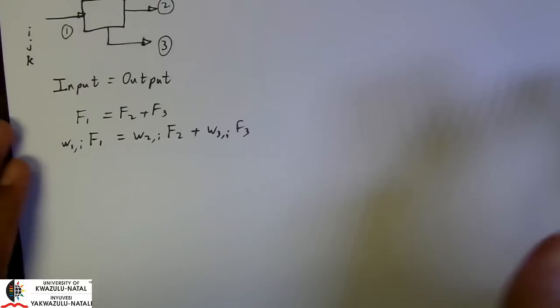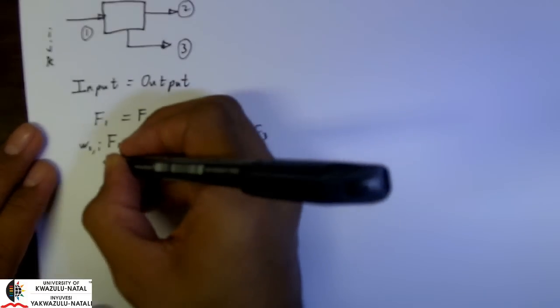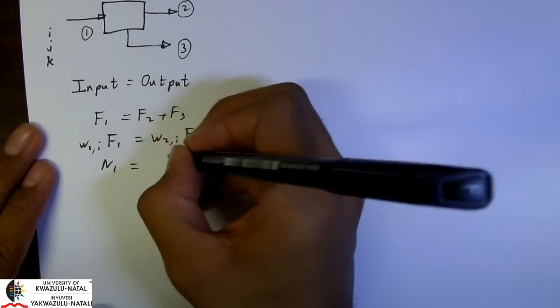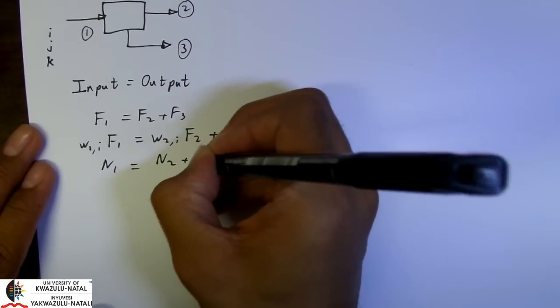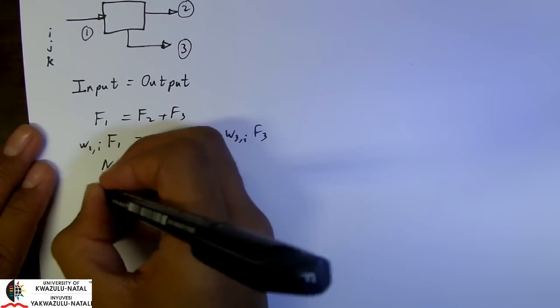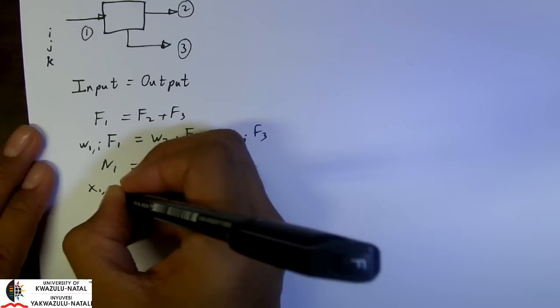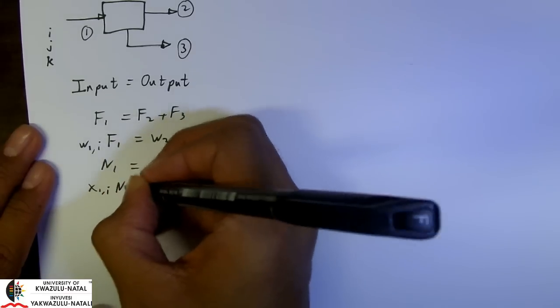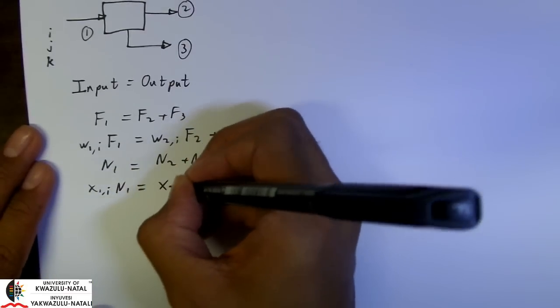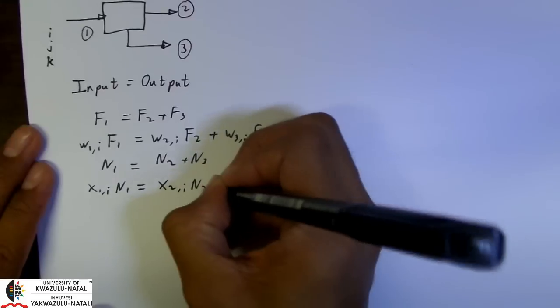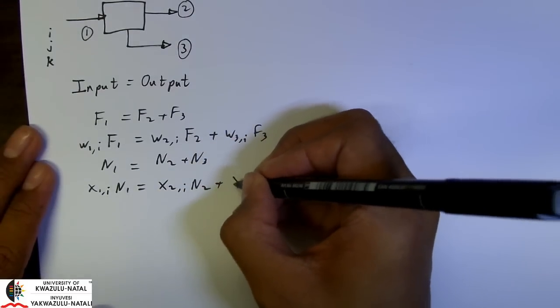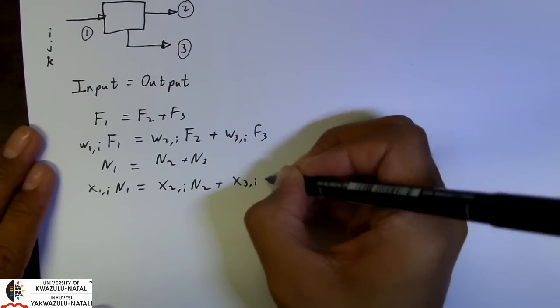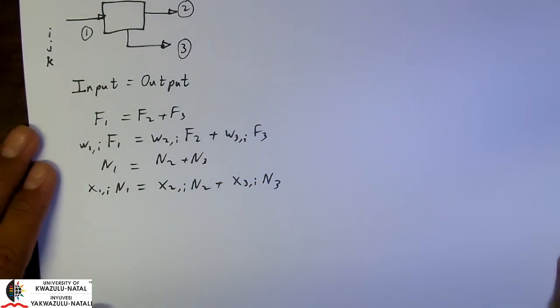And we can also write this out in terms of moles. Okay, N1 is equal to N2 plus N3, or we can say X1I times N1 is equal to X2I times N2 plus X3I times N3.